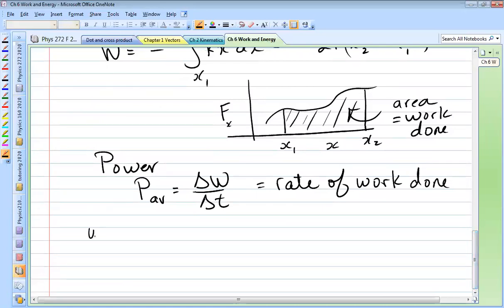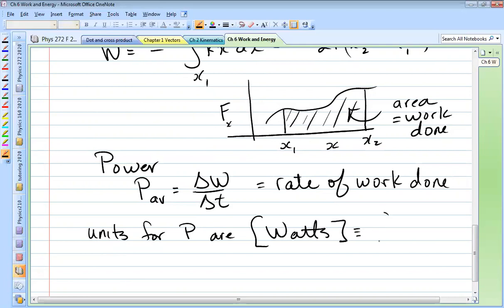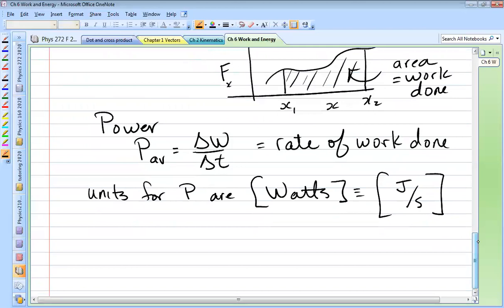The units for power are watts. And that means that a watt, by definition, is a joule per second. Okay, and so the delta T is time.